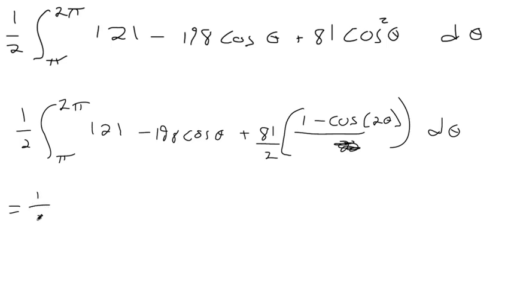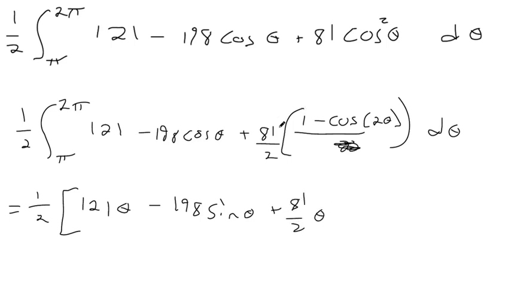Okay, so finding the antiderivative term by term now, we're going to have 121 theta minus 198 times the antiderivative of cosine, which is sine, not negative sine. And then this term is going to be 81 over 2 theta. And then the antiderivative of this term is going to be, let's see, 81 over 2 sine of 2 theta. But check yourself real quick.